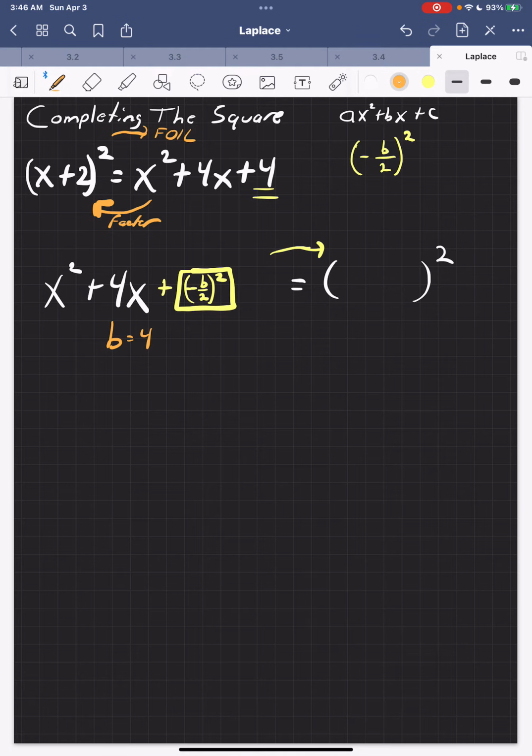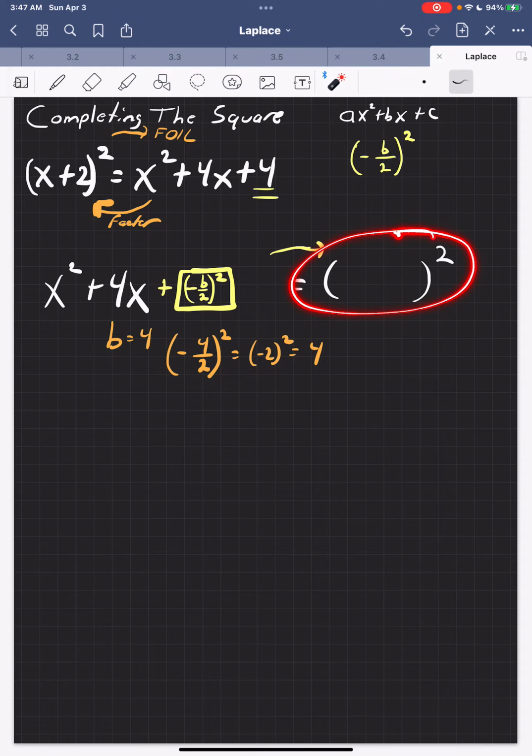So if we plug that in, this would be negative 4 over 2 squared, which is just what? It's just negative 2 squared, which is 4, right? So that tells me exactly what to add so that I can write it in this form.